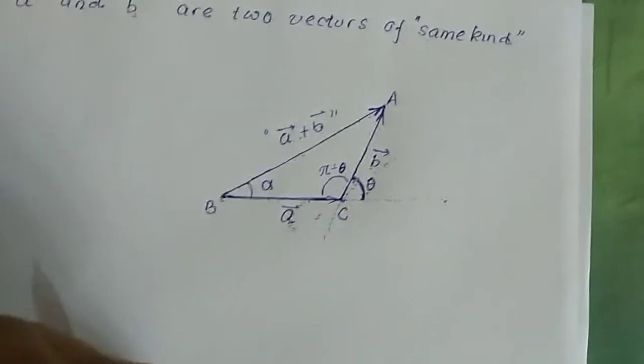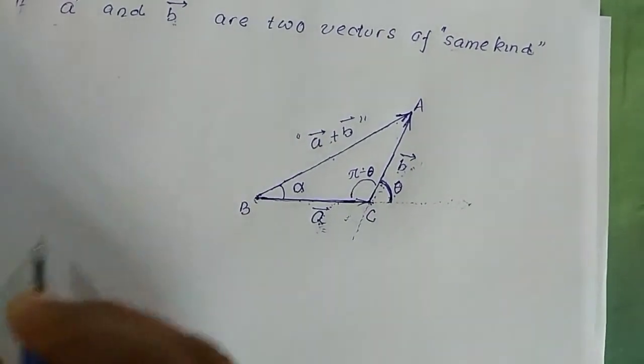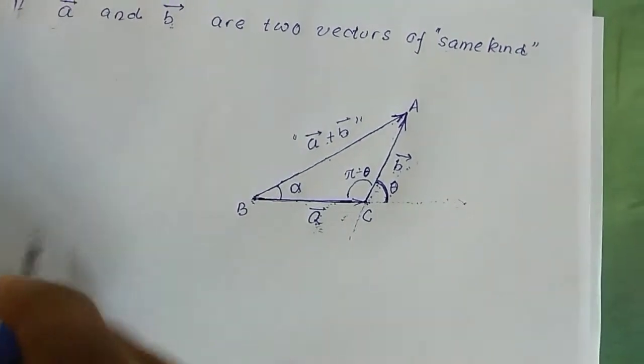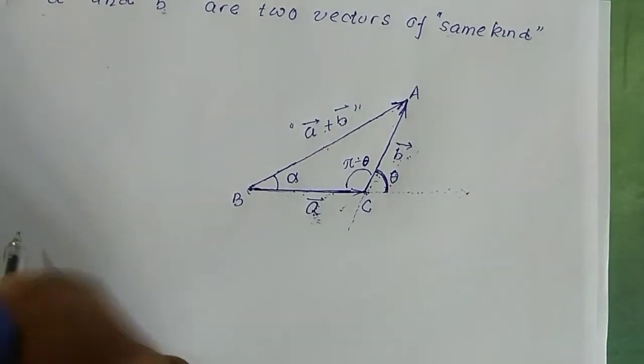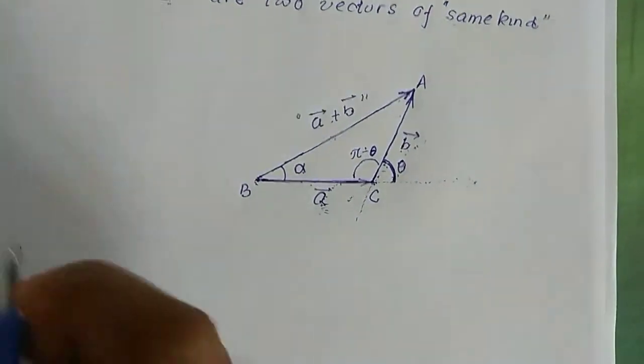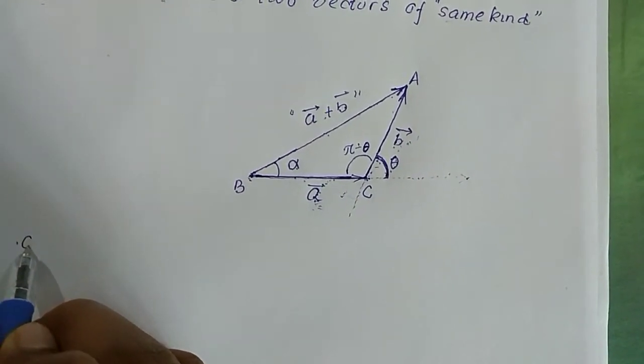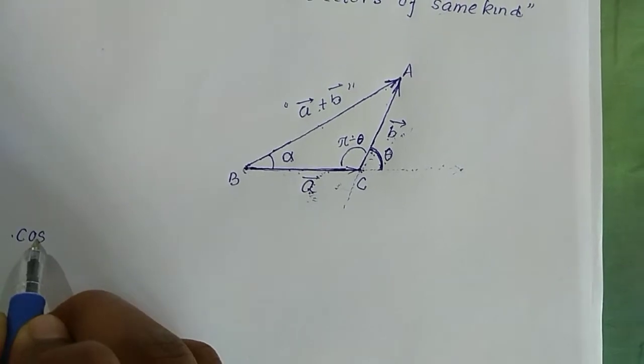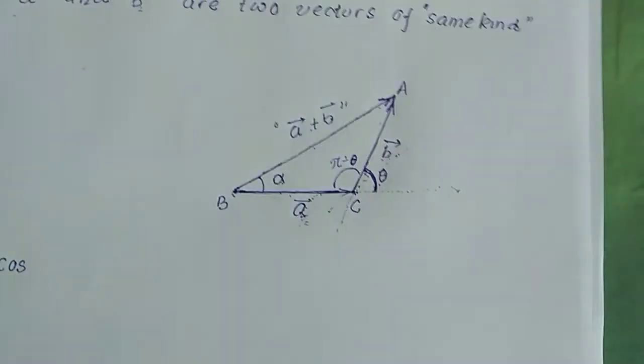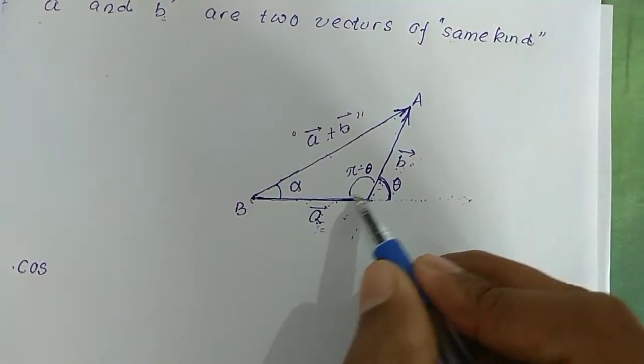Now, by the cosine rule, the cos of the angle between two sides of a triangle.